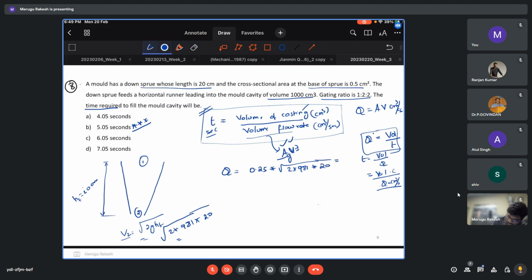So we get the discharge, then time is equal to 1000 divided by this Q. If you have calculator, you can. If you are facing any doubt, you can ask me.